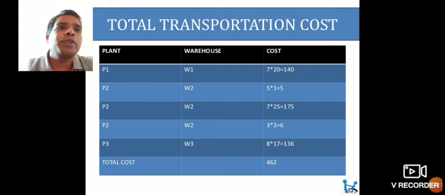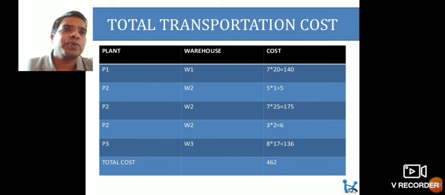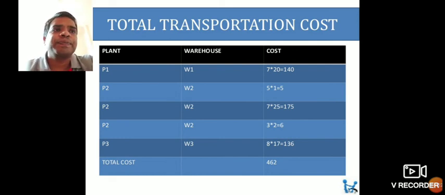And P2 to W2, that is 7 into 25, 175. We only consider the allocation cells, and after multiplying and adding those costs, the total amount is 462. Okay, this is the transportation cost that we found by using the northwest corner cell method. Thank you.